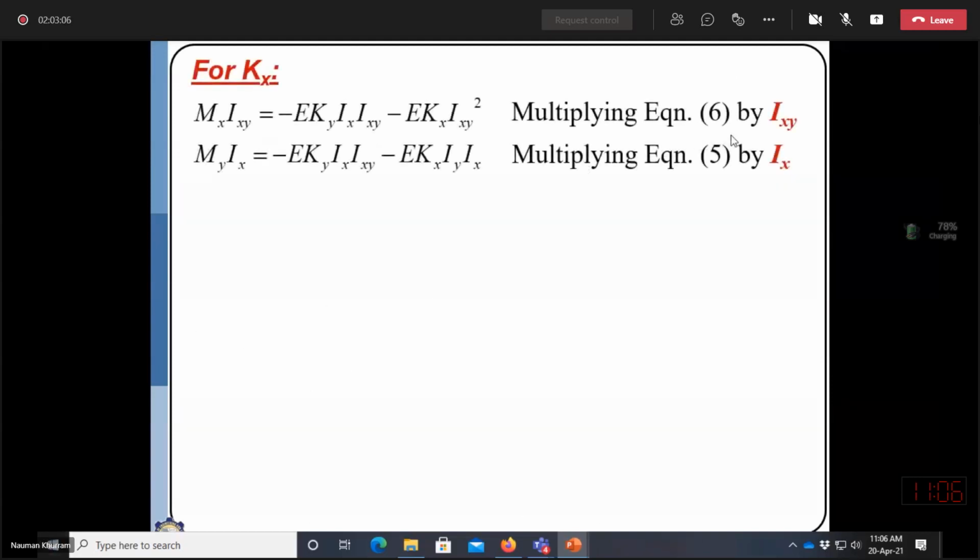So by multiplying equation 6 with the product moment of inertia, equation 6 will be like this, and multiplying equation number 5 with Ix, we will have this equation.